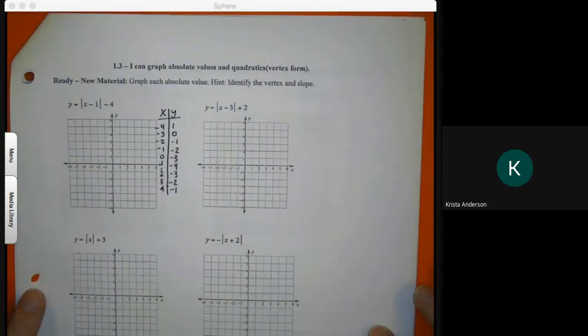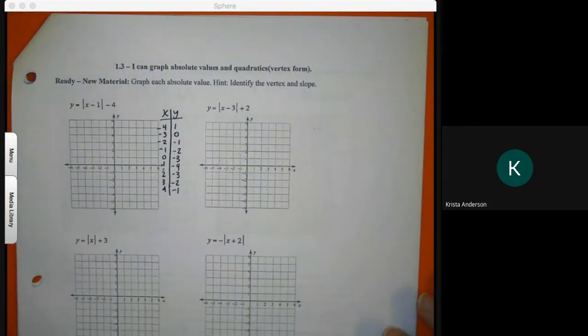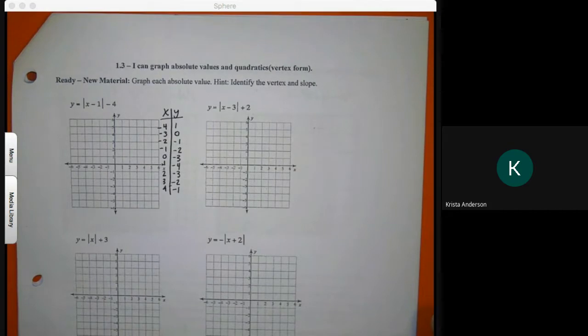Do you notice a pattern within the table? Yeah? I'm going to graph it and see if graphing it helps you see it.